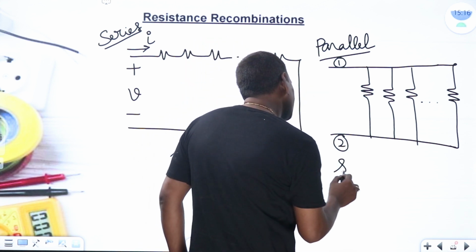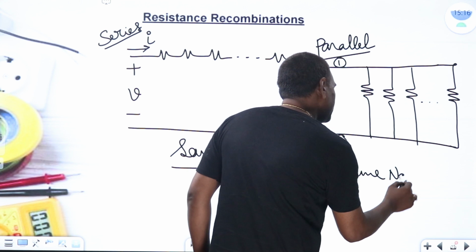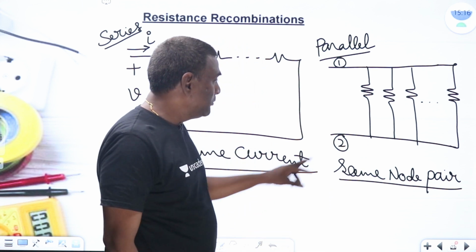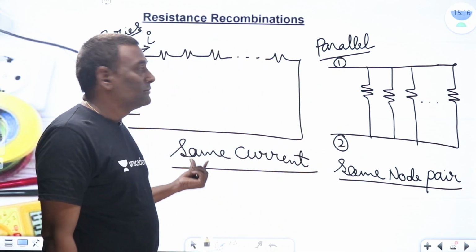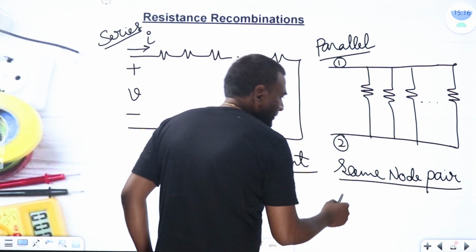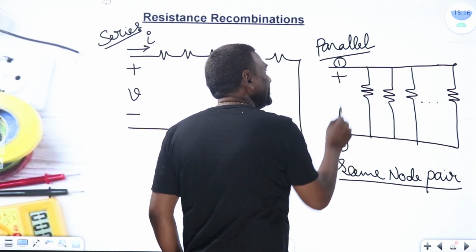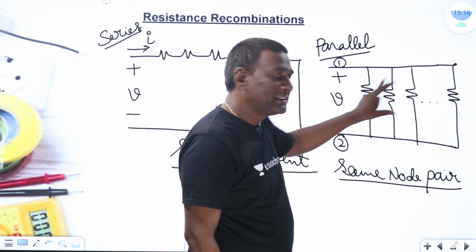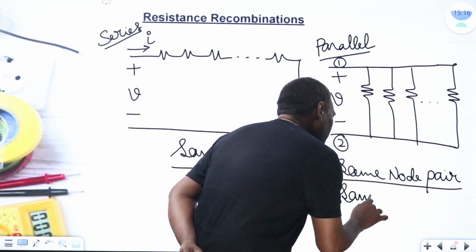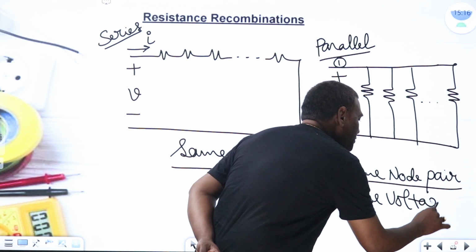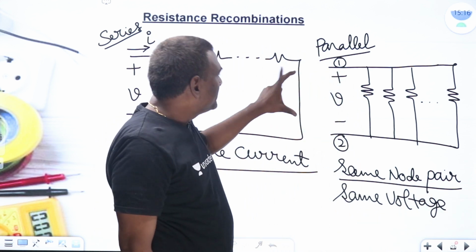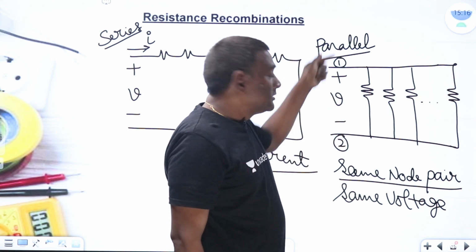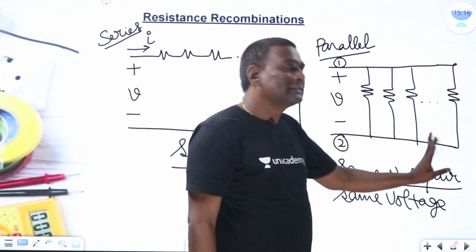So parallel means same node pair. Same node pair is going to be parallel, same current is going to be series. Or the same voltage should be there everywhere. For this resistance the same voltage, for this resistance the same voltage, for this resistance the same voltage. We can say same voltage, not same magnitude of voltage. If the same voltage exists, that is parallel. Or all these elements are connected to the same pair of nodes, which is called parallel.